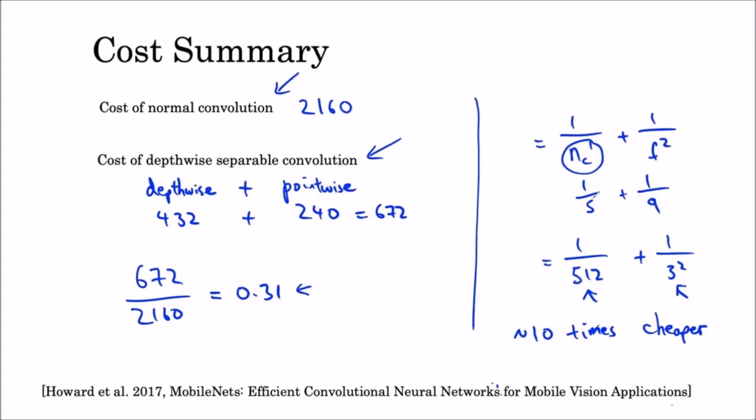So if we use 5 filters, then it is 1 by 5 plus 1 by 9. But in practical cases, we use 512 filters. So it is 1 by 512 plus 1 by 3 square. So it is almost 10 times cheaper than the normal convolution.